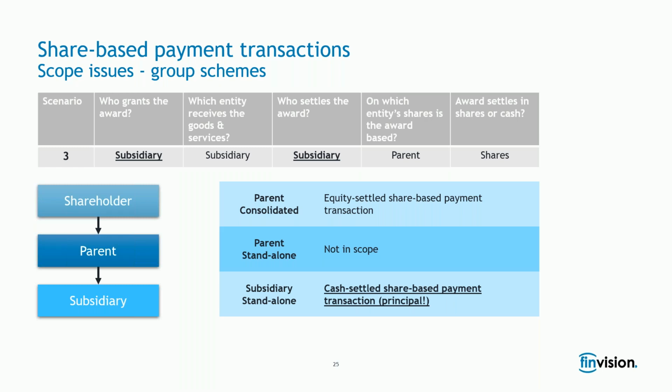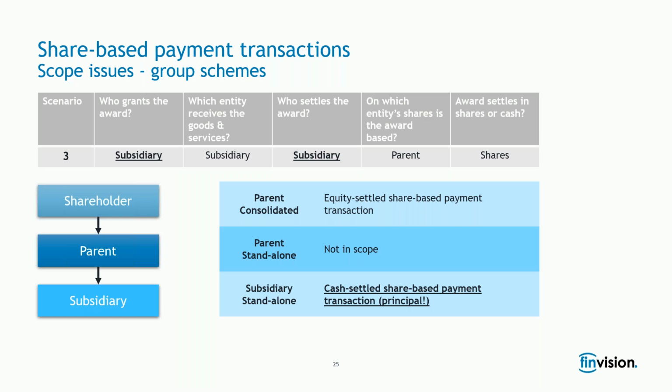Now, here, if it is actually the subsidiary, it becomes a little bit less complex. Let's say the subsidiary grants an award and settles an award. It's based on the parent's equity, let's say, but it's also the subsidiary that receives the goods and the services. Now, again, the parent as a standalone financial statement, they do not have an obligation here.